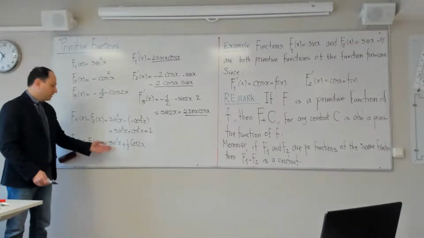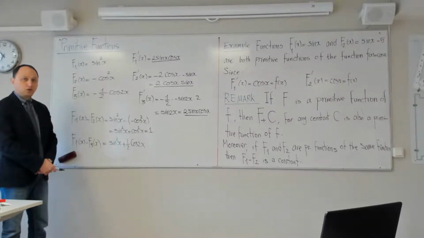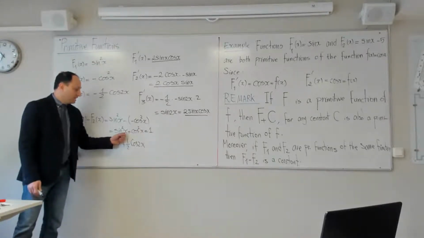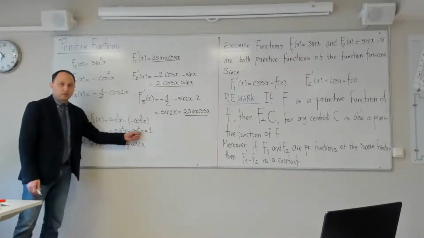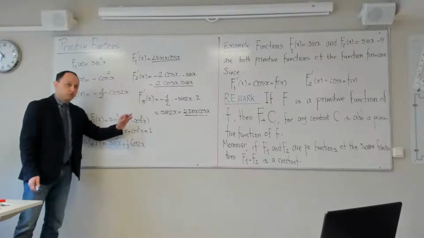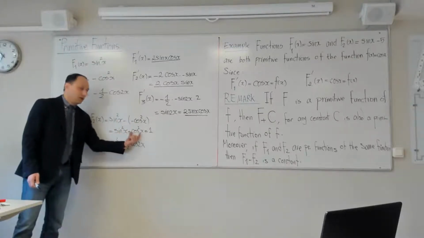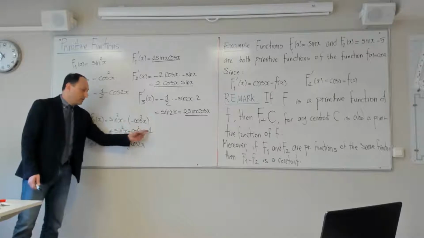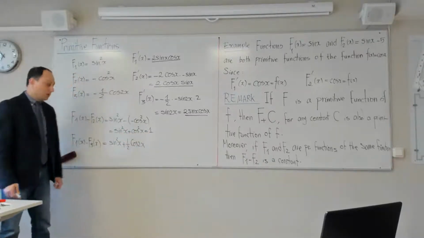Do you know how can I see that this is a constant? Do you know what is the meaning of a constant? Why this is called a constant? It means that it doesn't matter what value for x I choose. I have infinitely many choices for x, but whatever I choose, calculate this one and calculate this one, independent of the value for x chosen, the answer is 1. This is the meaning of being a constant.